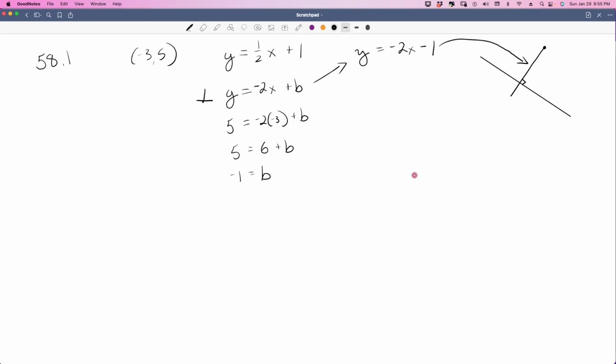Now we're going to use substitution to find the intersection of lines A and B. So we're going to set them equal to each other. So this was step 1. Find the perpendicular line that goes through that point. Okay, perpendicular line for the given point.